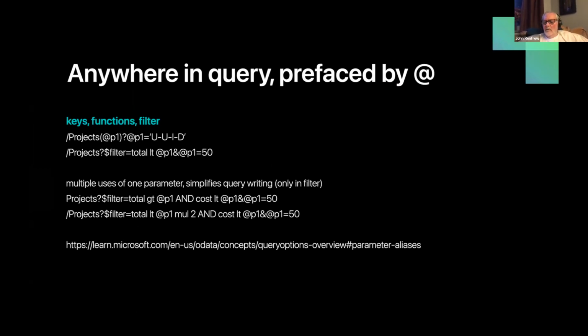But at the bottom, we can start to write more complex queries where the same thing is being repeated, and we also want to modify it. In the third example, we're looking at projects and we're going to filter them where the total is greater than something, but the cost is less than something, and that something is 50.